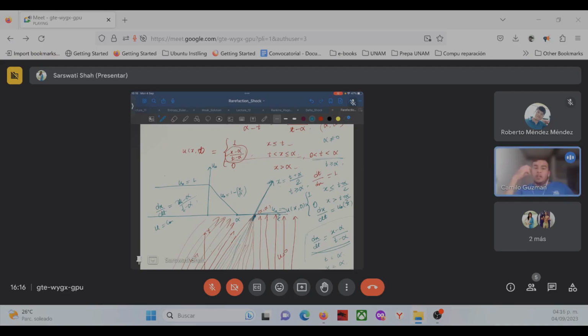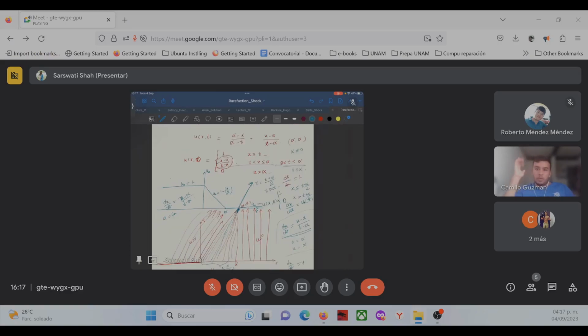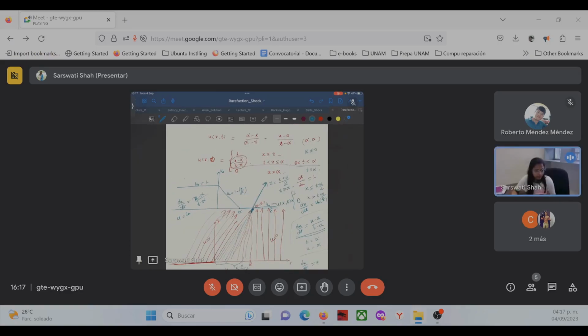How do you build the solution later, when you compute the line at the point of discontinuity, how do you construct the whole solution in that case? Should I repeat it again? Okay. So this thing is clear. Only this thing. You have computed it.